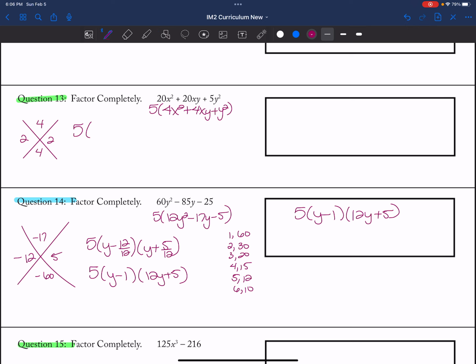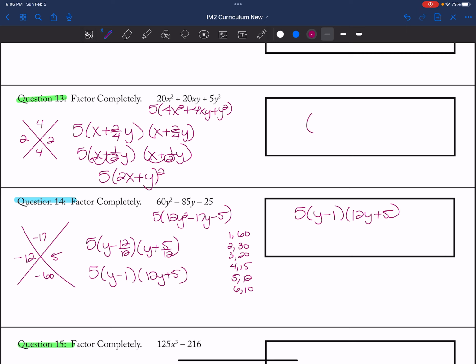So this is 5, and then it is (x plus 2 over 4y)(x plus 2 over 4y). So 5(x plus 1/2 y)(x plus 1/2 y). So you bring what's in the bottom to the top. So this is 5(2x plus y), the quantity squared.